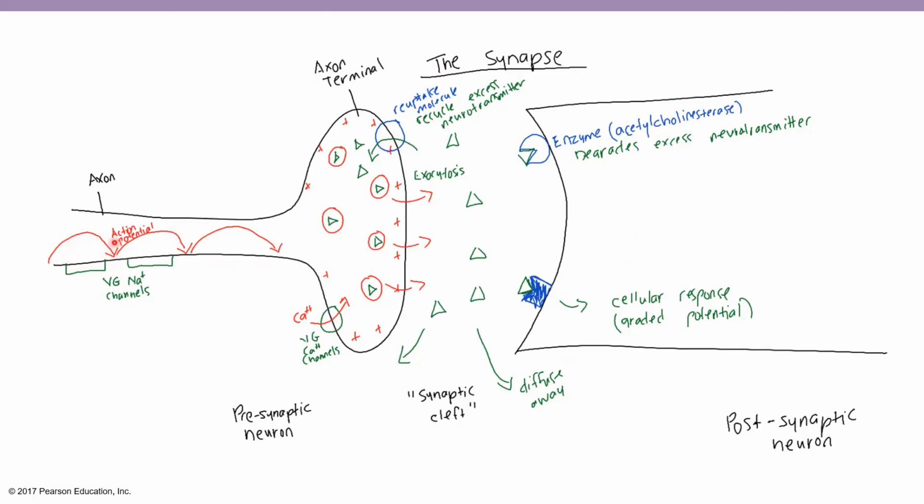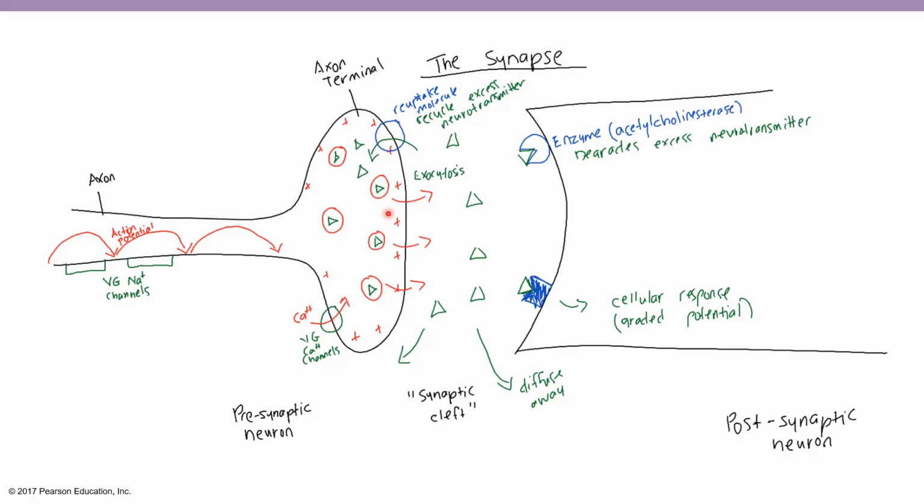So we have the action potential triggering the opening of voltage-gated calcium channels. So calcium can move into the axon terminal. Now, calcium is going to depolarize the membrane here, and that is going to result in exocytosis. So what does that mean? This means that the vesicles are going to move closer to the terminal.